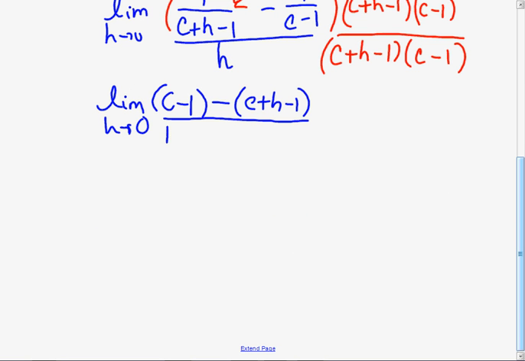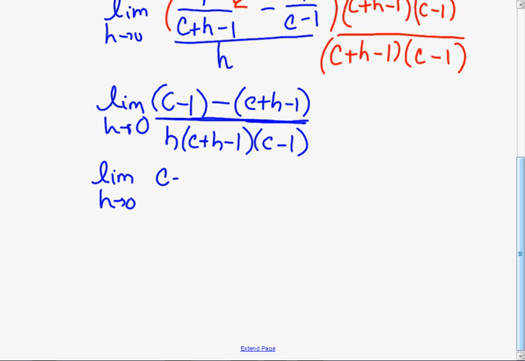And then in the denominator, I know you want to multiply them out, but don't. Honestly, I don't even want to multiply them out. Can I cancel the c plus h minus 1s? No. You have to simplify that. You have to have a multiplication problem here, and I don't have a multiplication problem. But remember, I promised you that things would cancel. It's minus c minus h plus 1. So it's not as bad as it looks.